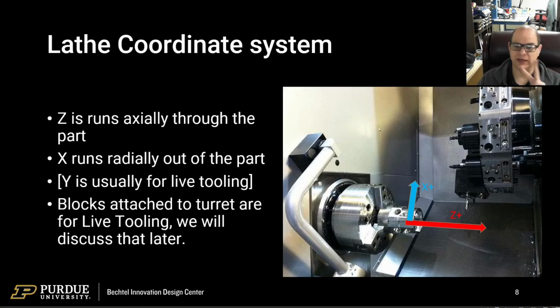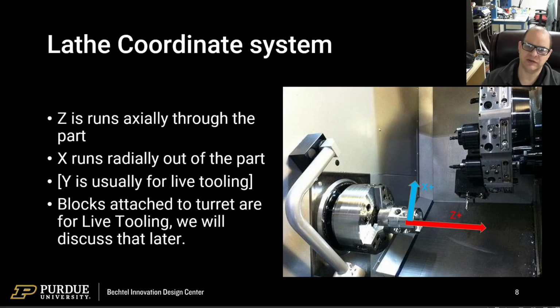You only have two axes. You have the Z-axis, where positive Z is away from the spindle, and positive X is away from the axis of rotation. So Z, another way of putting it, is along the line of rotation, that center line around which the cylinder spins, is your Z-axis, and then the X-axis is how close to that center line you come.